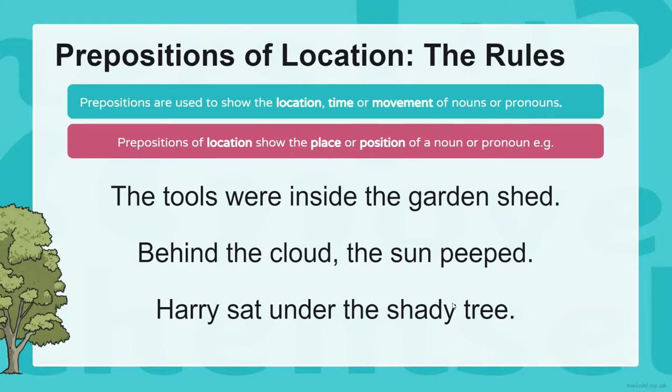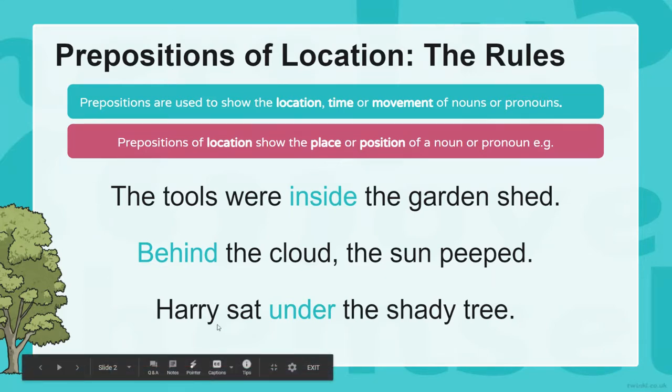Behind the cloud, which is a lovely fronted adverbial, the sun peeped, or Harry sat under the shady tree. We know that inside, behind, and can you guess which one is the preposition in this sentence? Perfect, under. So they all show the position or place of these things.